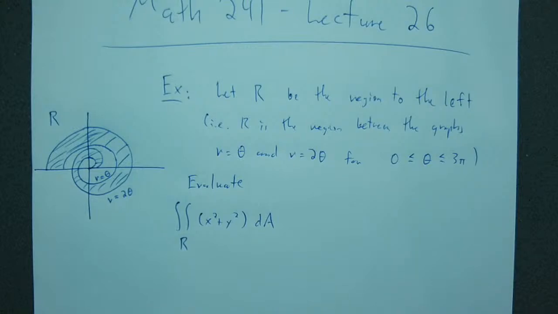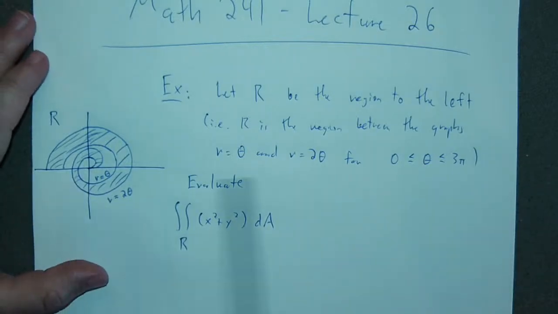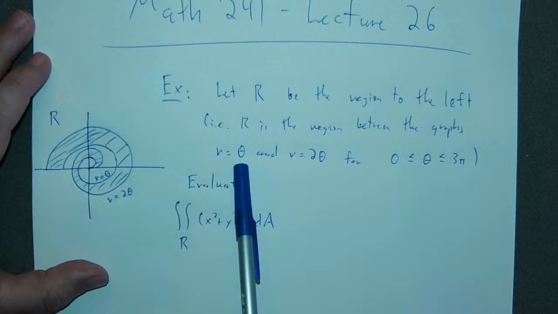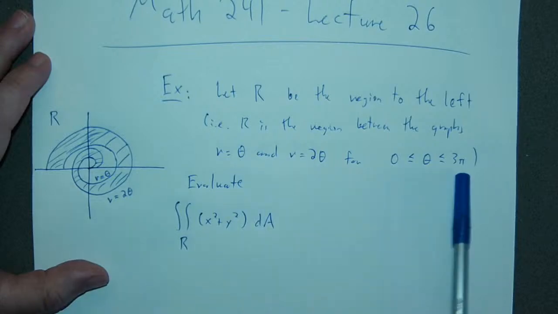So, questions about what I've set up so far? All right, so what do I do when I want to evaluate something like this? I've already got this nicely expressed in polar coordinates, so I clearly want to use polar coordinates in order to do this. My region is described as being between polar graphs of theta and 2 theta for theta values between 0 and 3 pi.